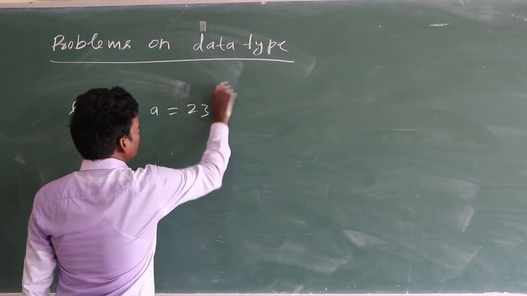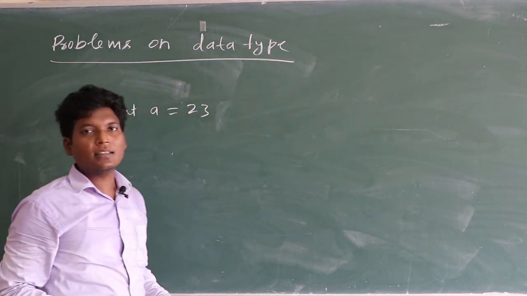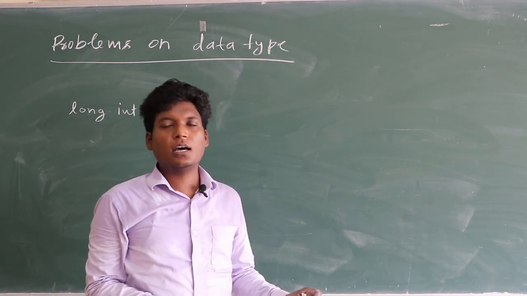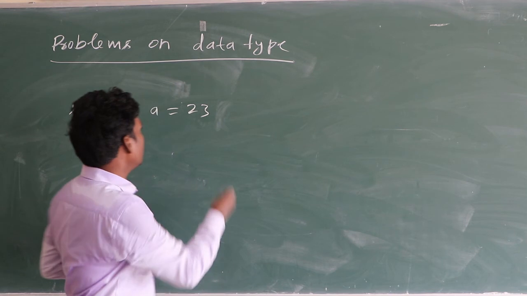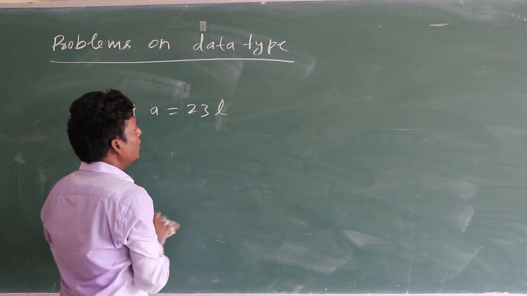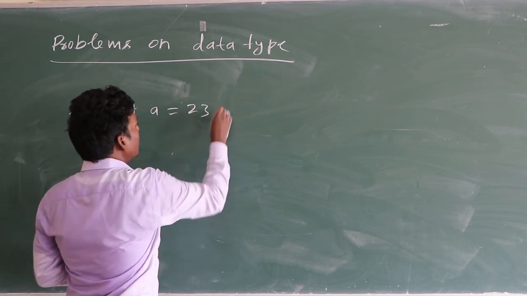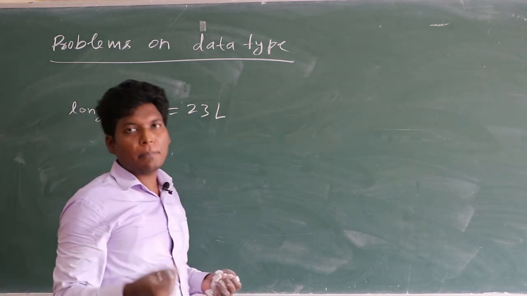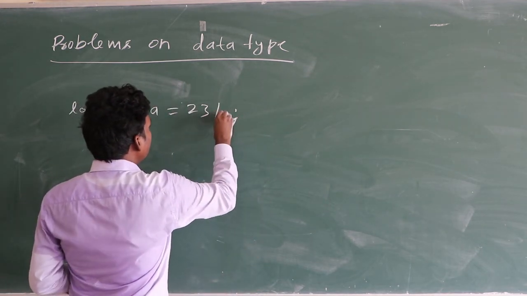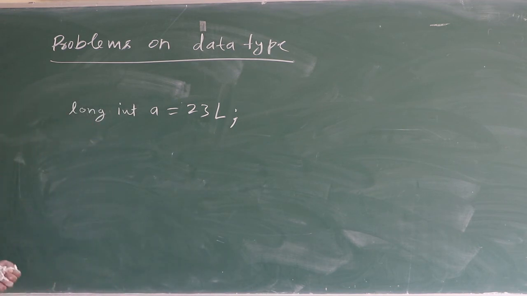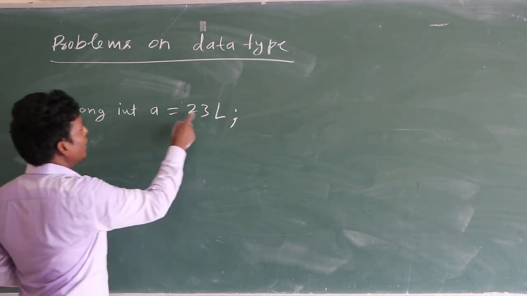In that scenario, if you show your intention that you intentionally use the long, you have to put either small l or capital L for some compilers. So this will be the valid variable initialization: long int a equal to 23.